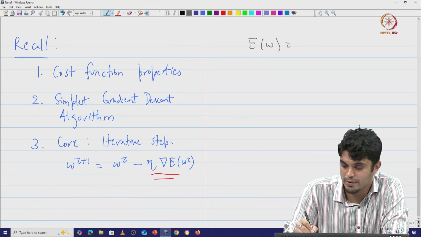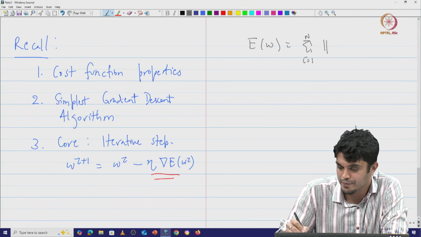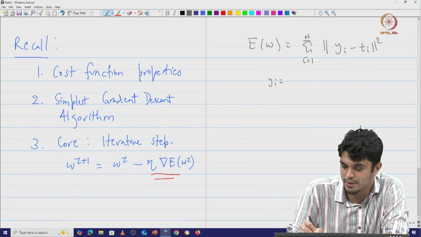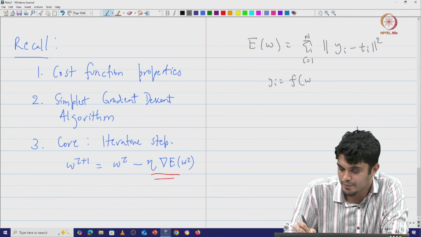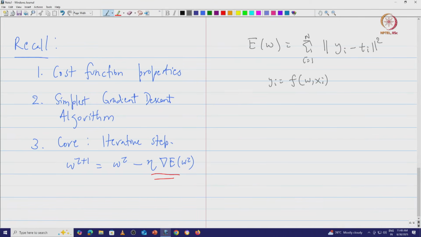E of omega was summation i equals 1 to n, yi minus Ti, squared. So, yi was the model that we were working on, trying to fit to the data, and Ti was the true target variables from the training data.